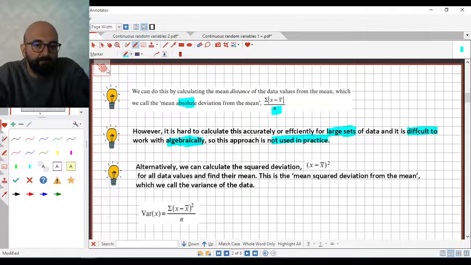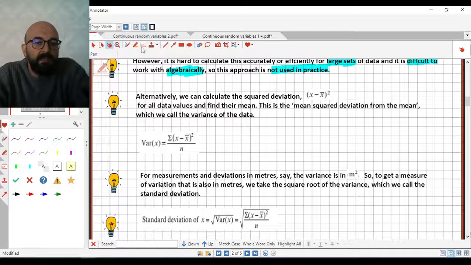If we use the absolute mean distance of the data values, this formula is not useful for large data and very difficult to work with algebraically.